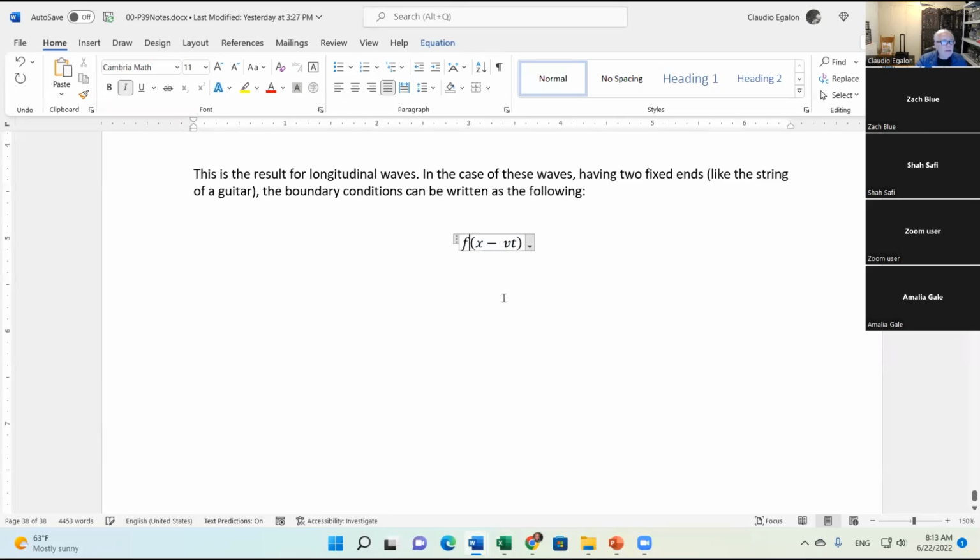So the function of x minus vt is going to be 0.